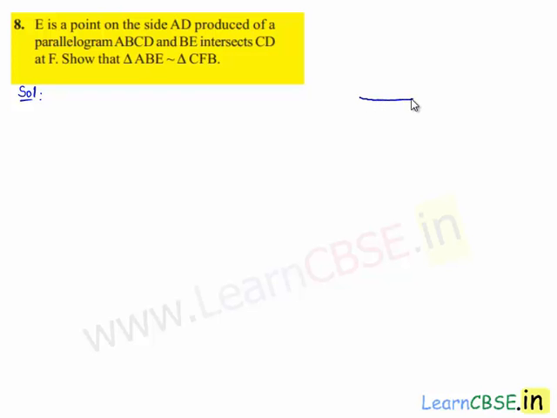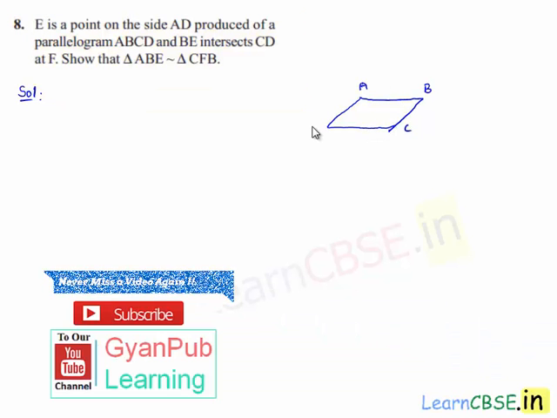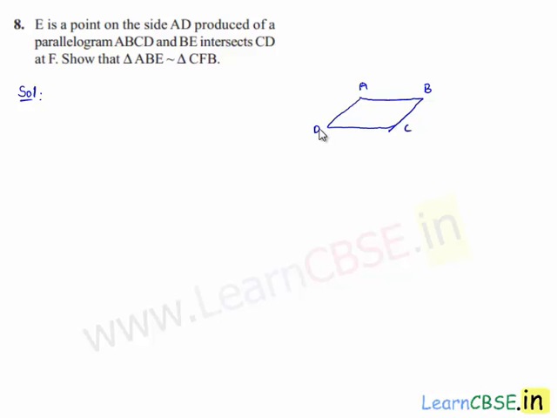Let us consider a parallelogram ABCD in which AD is produced somewhere, and from B a line is drawn which intersects DC at F and intersects the extension of AD at E.